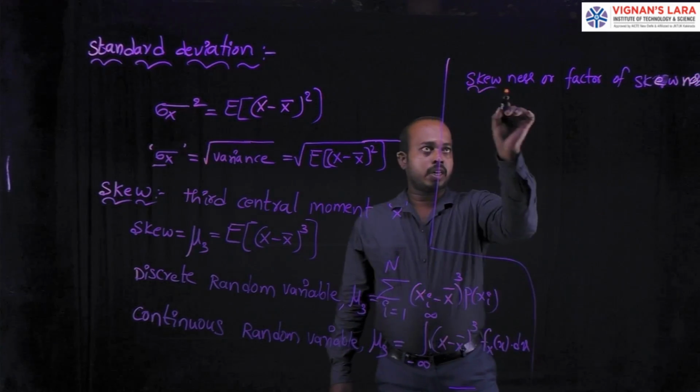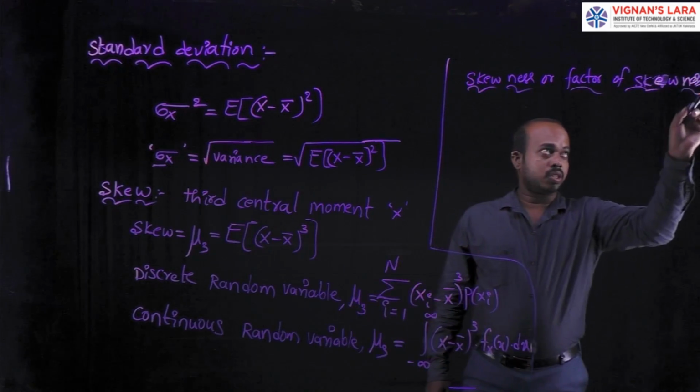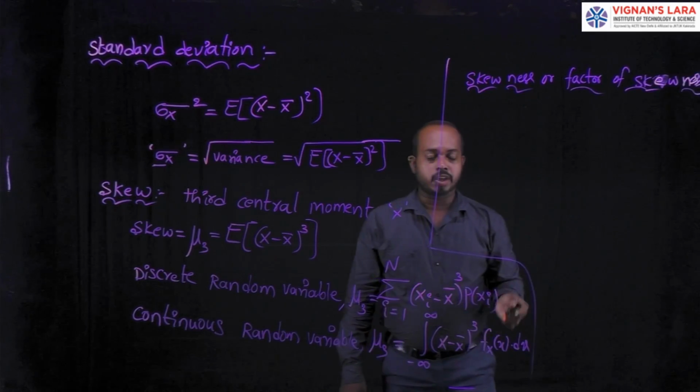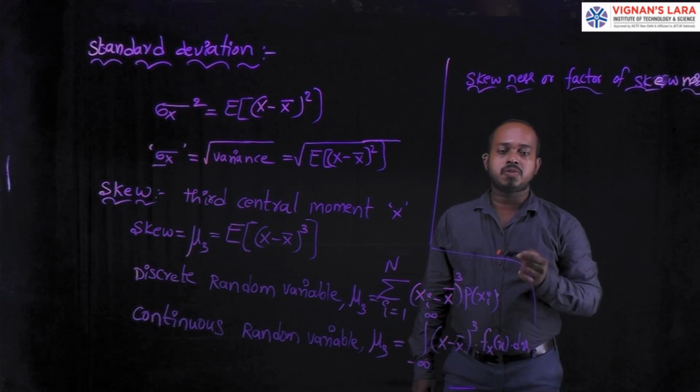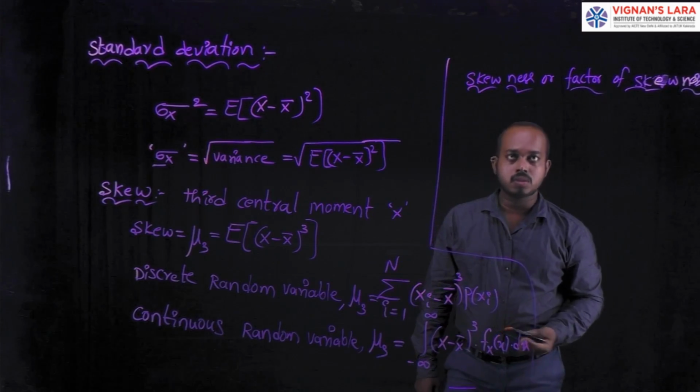Here you can define the skewness or factor of skewness. It is a ratio of the third central moment and the cube of standard deviation.